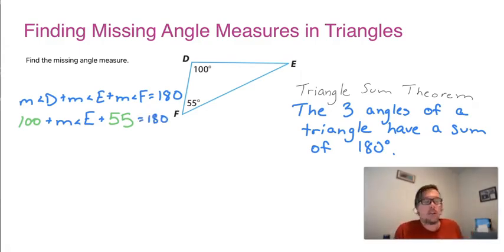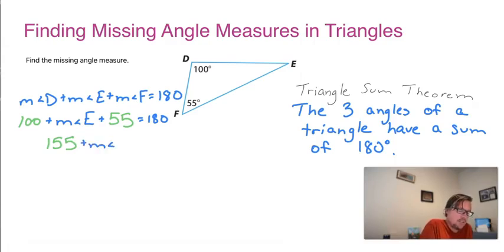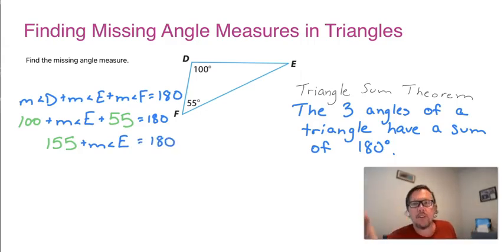Okay, let's go ahead and combine our like terms. 100 and 55 combined together is 155, plus the measure of angle E gives us a total of 180. And now to figure out the measure of angle E, we just use the subtraction property of equality. We subtract 155 on both sides of this equation.